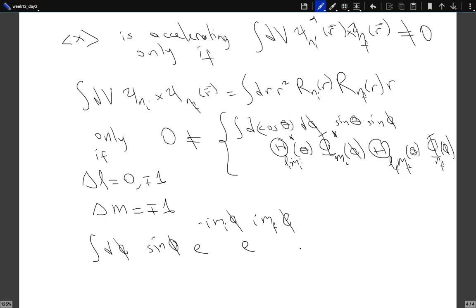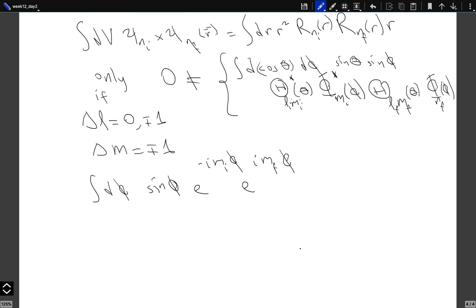Furthermore, sine phi is actually e to power i phi minus e to power minus i phi over 2i.